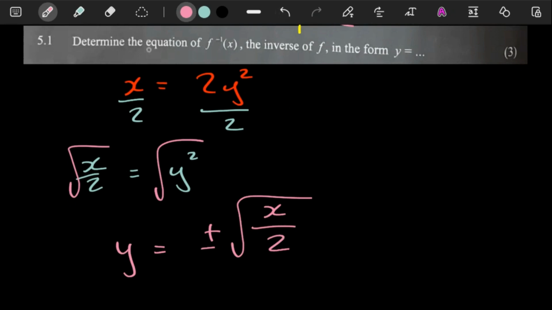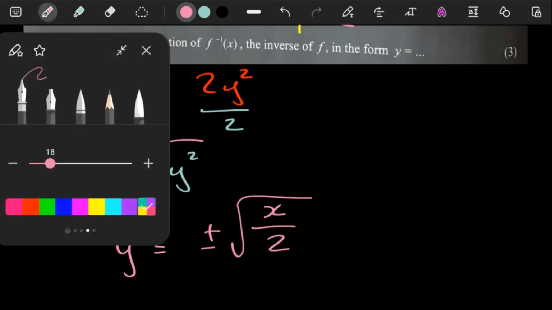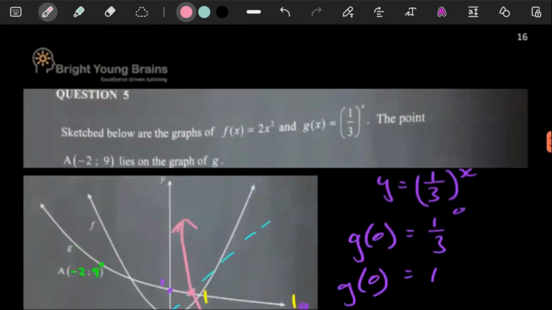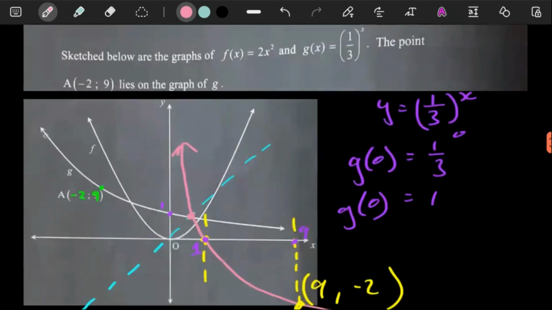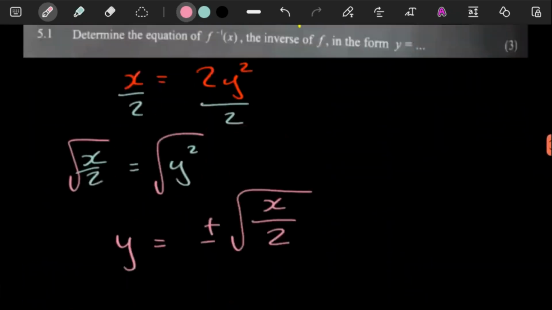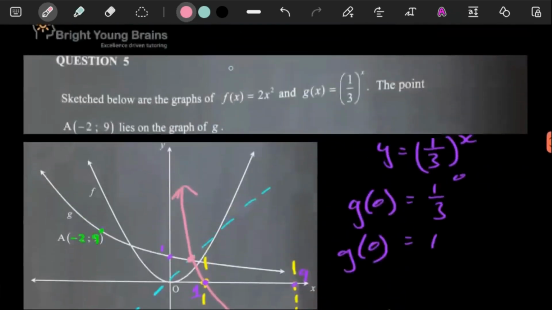But in a situation like this one, you have to keep in mind how you're going to answer this question. We can see that for this graph, the y values are above 0. So for this graph, the y values are bigger than or equal to 0.